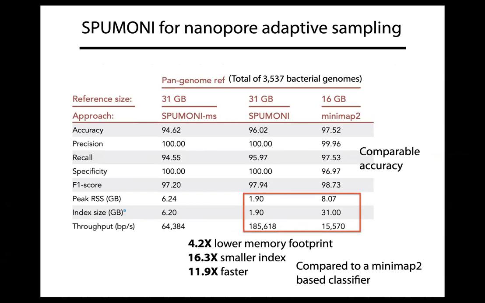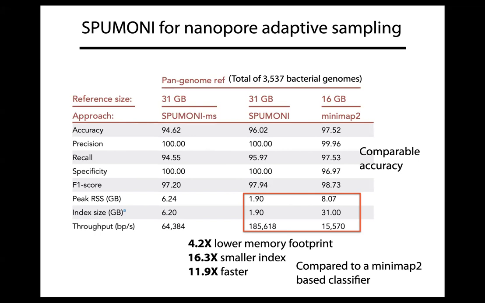If you were to use a tool like, for example, Readfish to solve this problem, if you've heard of Readfish, that behind the scenes is using Minimap 2, so this is sort of the standard pipeline that we're comparing to. And we find that Spumoni is able to achieve comparable accuracy to Minimap 2, and its peak memory footprint is a fraction of Minimap 2's. Its index is much, much, much smaller, and it's very substantially faster compared to Minimap 2.